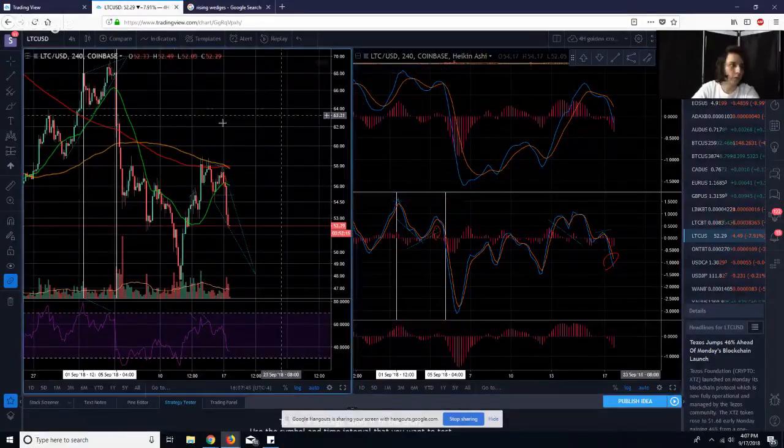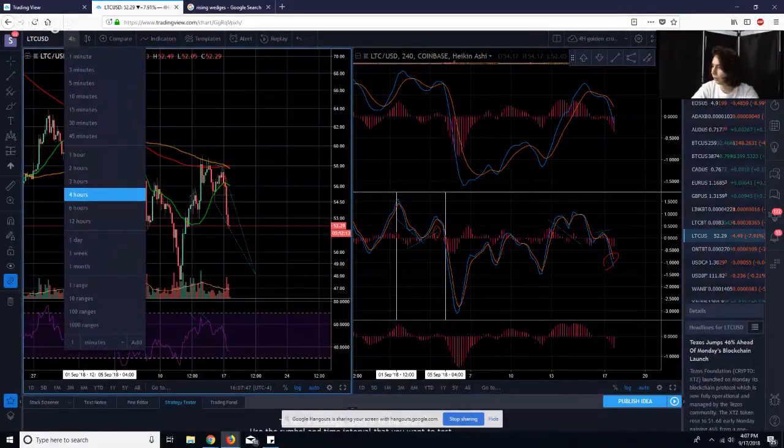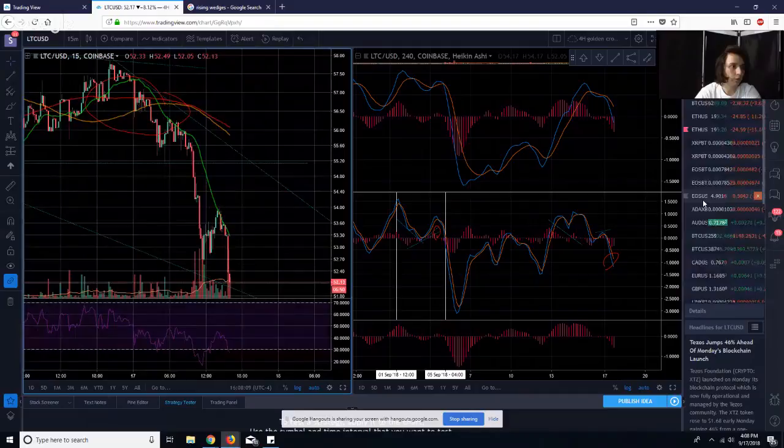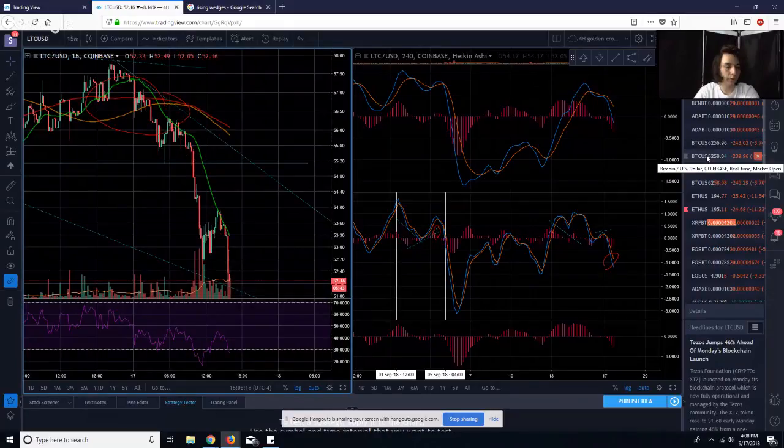Okay, sure. Does it matter what time frame, or do you want a specific time frame, Spectre? All right, you want me to look at Bitcoin 15 minutes? So after a huge drop like this, the 15 minutes isn't the best to look at.